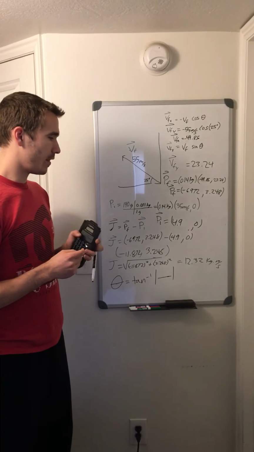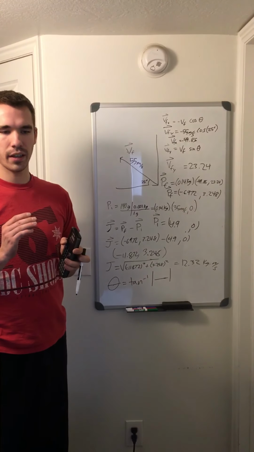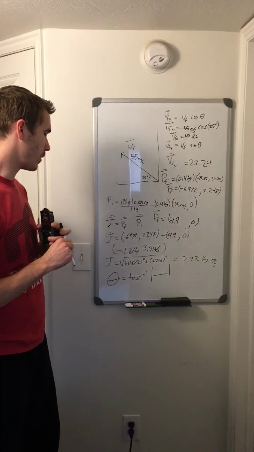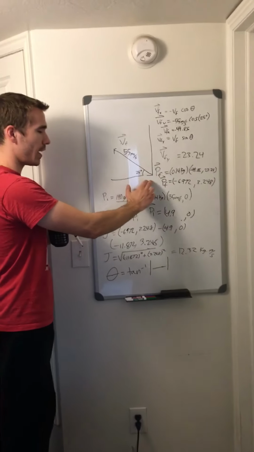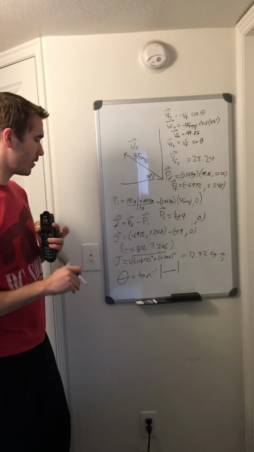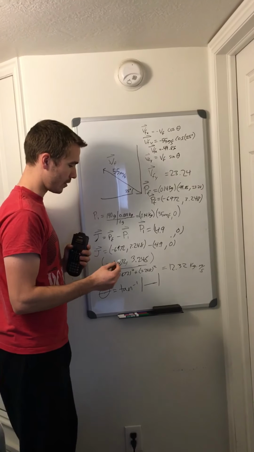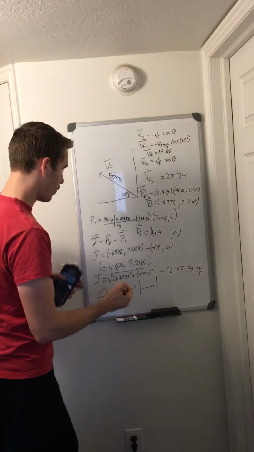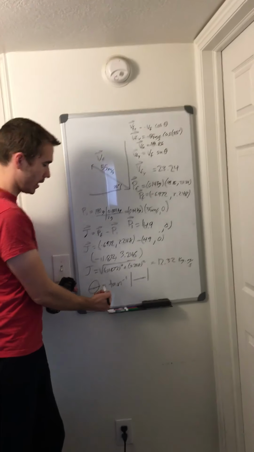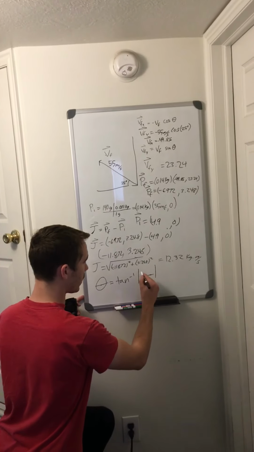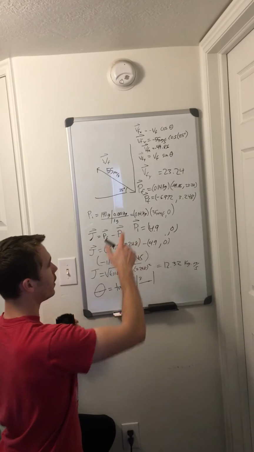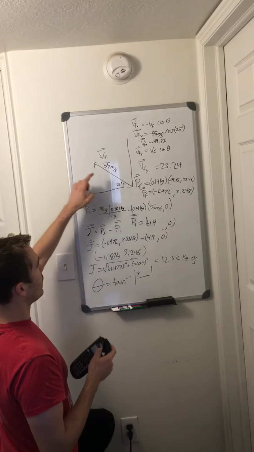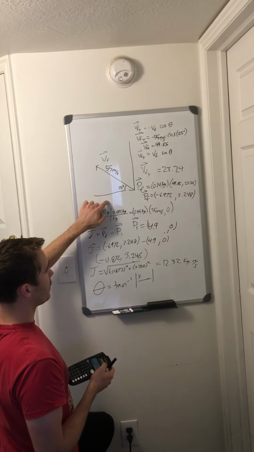And so now to find the direction of the impulse, we have our x and our y for the impulse. So what we need to do is use inverse tangent, which will give us the angle here. We just need to enter in our y and x, because when you use tangent, it's opposite over adjacent.